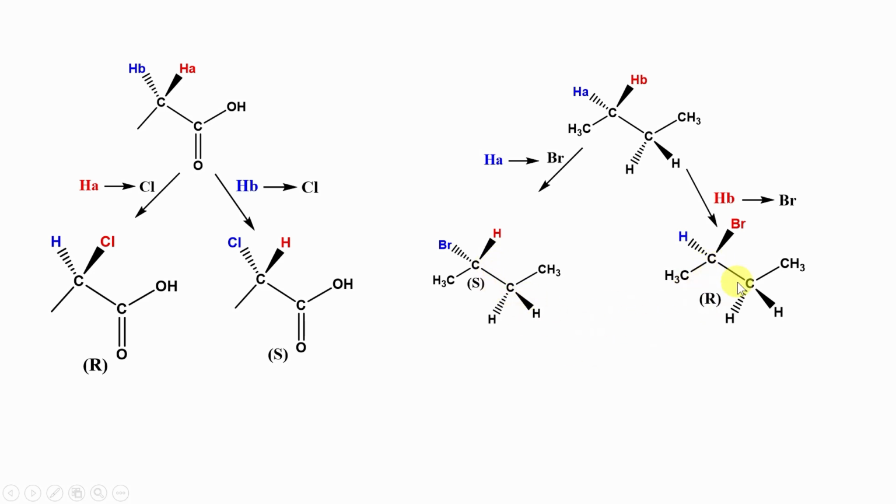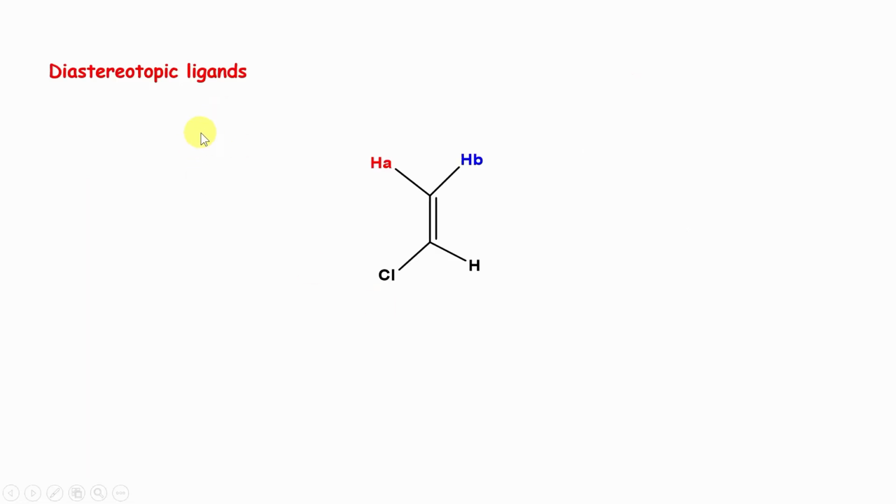These two molecules are enantiomers, and hence we can say the blue hydrogen and red hydrogen, or HA and HB hydrogen of these CH2 groups are enantiotopic ligands. Okay, now let us see what are diastereotopic ligands. See, it is chloroethene.